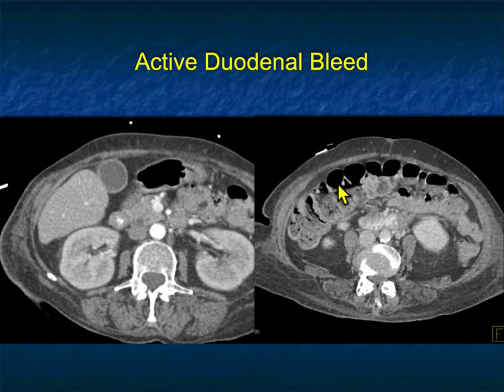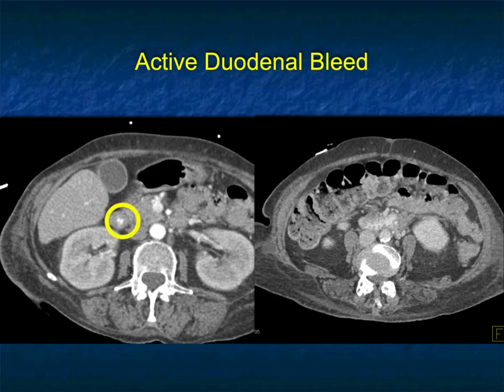Now, another example, patient with GI bleeding. When you look, there's high density in the duodenum, second portion, all the way into third and fourth portion. Yes, you can consider contrast material. One of the nice things with dual phase imaging is if it's contrast or something ingested, it's not going to change density or appearance. When it's contrast from bleeding, it will change density when you go from arterial to venous.